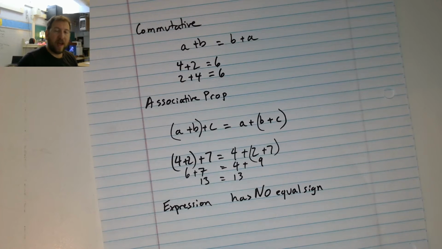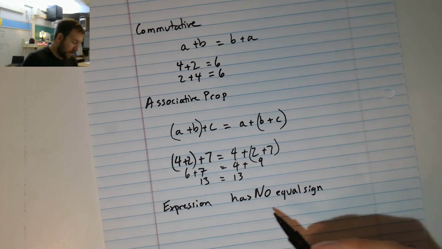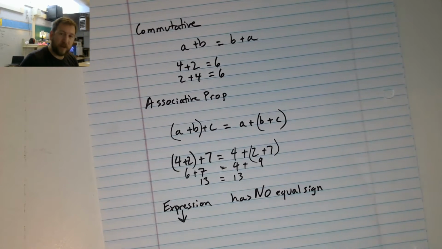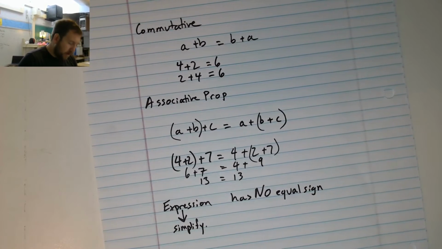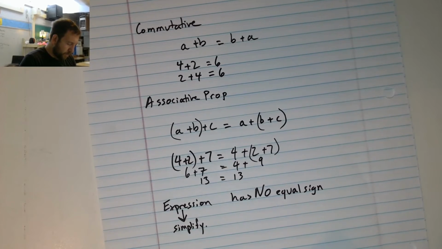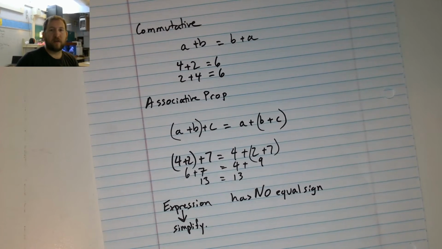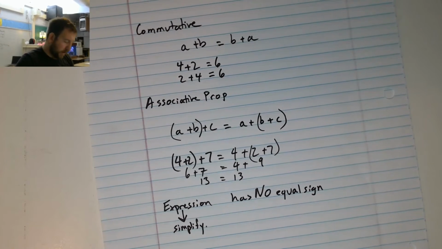And lots of times, especially now that we're including variables, they may be long and complicated, and our job is going to be simplifying them, because we take expressions and we simplify them. If we had an equation, we would solve it. But we can't solve an expression because we don't know what it's equal to, okay? So what we're going to be doing in this section is things are going to kind of look like this. I'm going to go to my next page because as usual, I write big and like to murder trees.